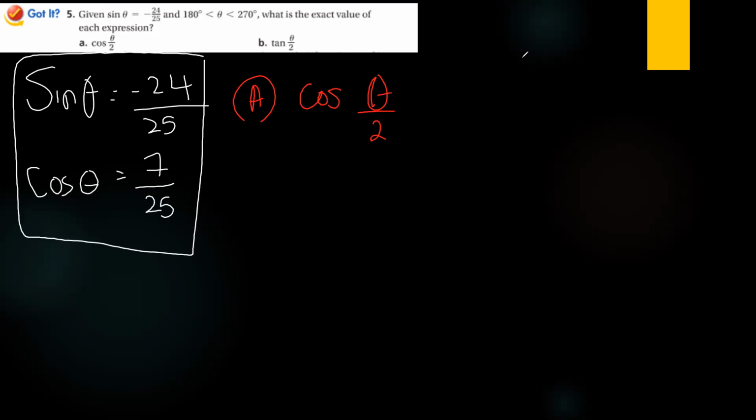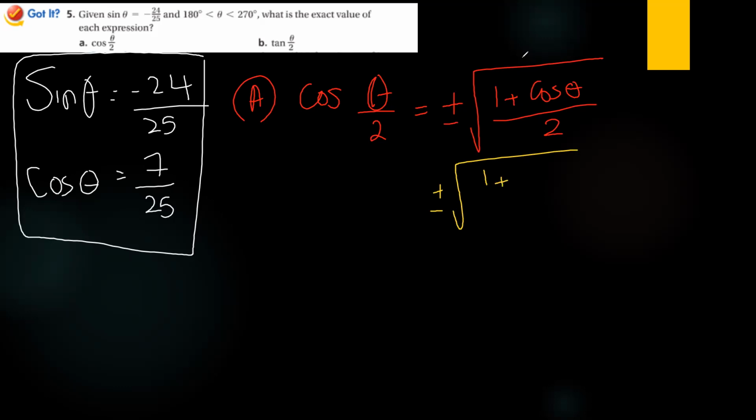Now cosine of theta over 2 will be positive or negative square root of 1 plus cosine of theta over 2. So it's positive or negative square root of 1 plus cosine of theta, which is 7 over 25, over 2. So here we can write 1 as 25 over 25.